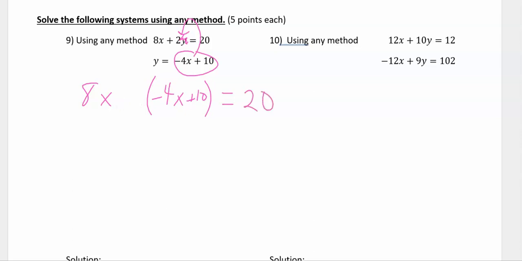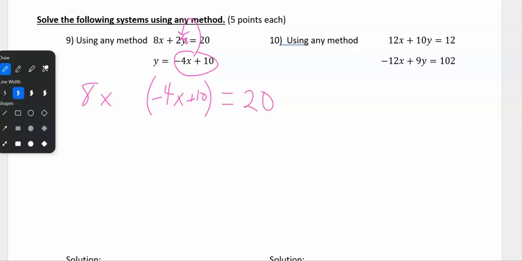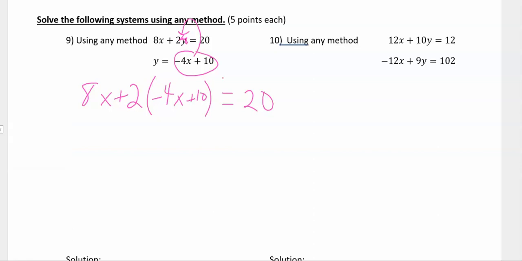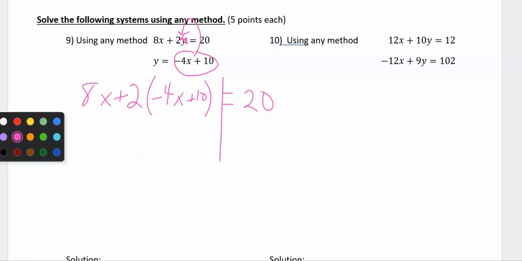I don't like how sloppy that plus sign is. Sorry. Okay, so that's plus 2. So now I can solve that equation for x. I have an equation that just has x's, so that's pretty easy for me to solve.